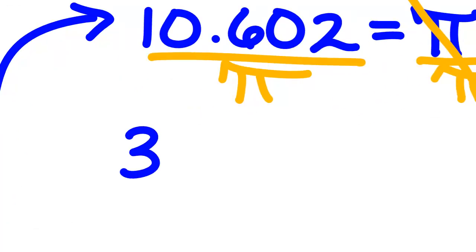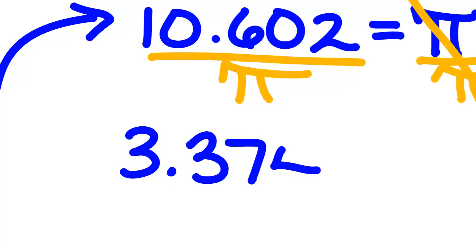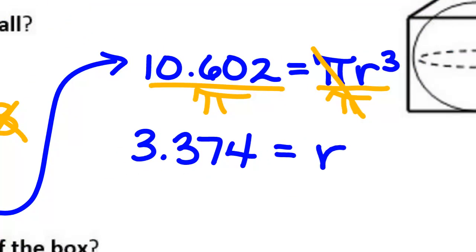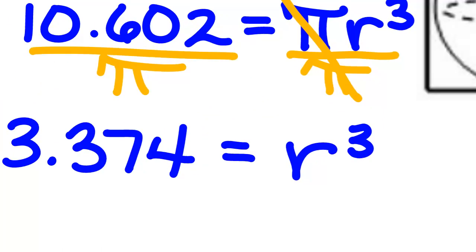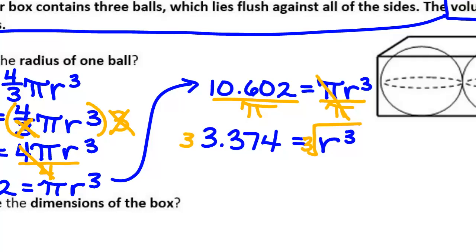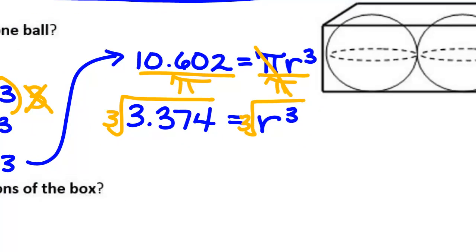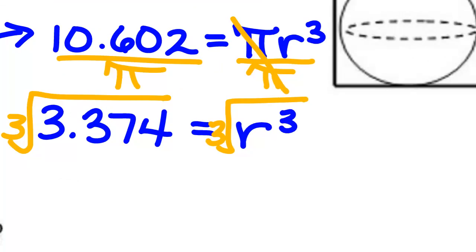You said 3.374? 3.374 equals r cubed. Close, but we need a cube root, not a square root. A cube root looks like a square root, except it's got that little 3 out in front. So the cubed and the cube root cancel out over on the right.